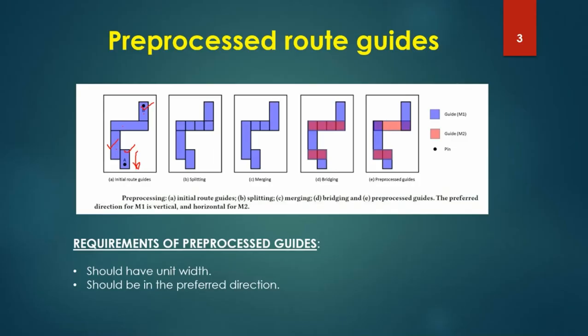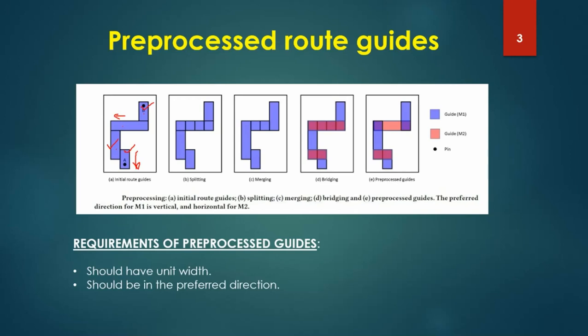But this route guide is actually in the non-preferred direction. So the preferred direction of M1 was vertical, but this is in the non-preferred. So whenever the tool sees that there is a route guide which is in the non-preferred direction, what it will do is divide this non-preferred direction route guide into unit width.